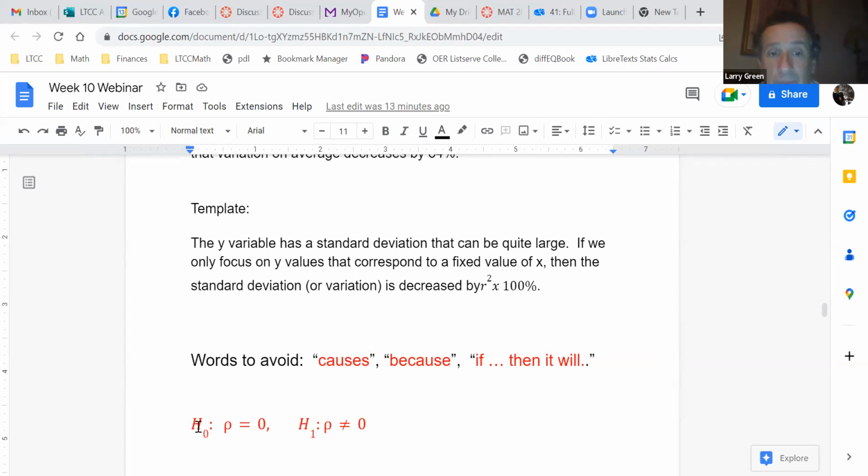Okay. Just to note, the hypothesis test, which I showed you on the computer program, the calculator, is H naught: rho equals 0, H1: rho not equal to 0. Okay, because we want to show that there is a correlation. If there's a correlation, then the correlation is not 0. 0 means no correlation, by the way. Any questions? The good news is this is always what you're going to use for any question I ask.